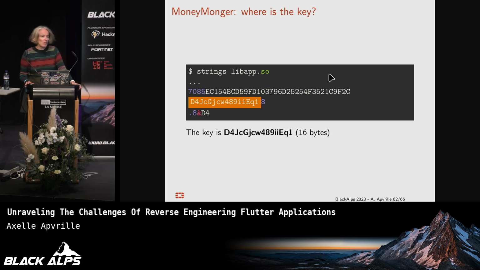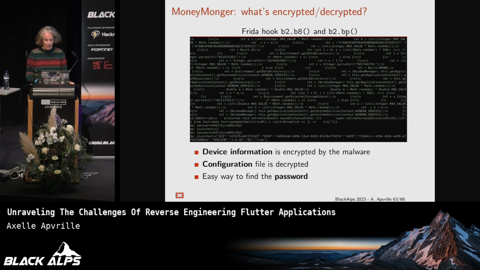So where's the key? Well, again, you go in the strings, and you will probably notice pretty quickly that there's a 16-byte key, which kind of jumps out at you, and when you use it, it actually works. So it confirms the guess.